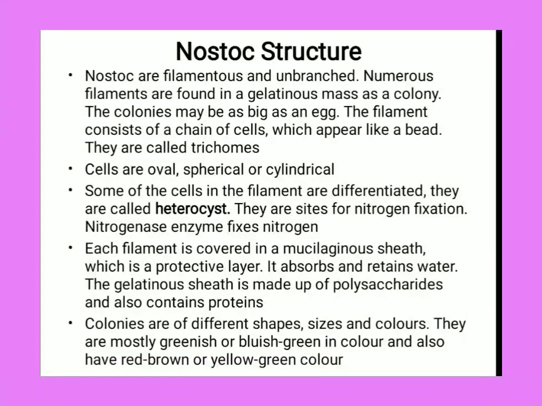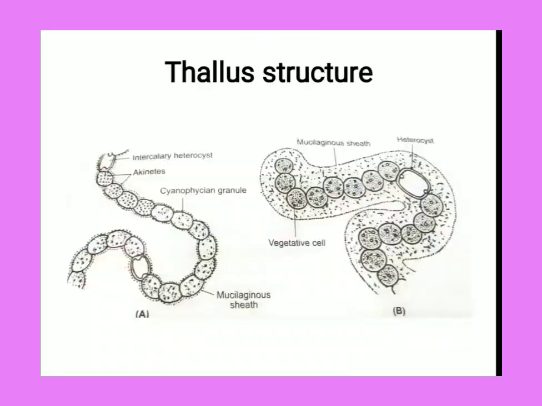Okay, and now the Nostoc thallus structure. First see this figure. Nostoc is a filamentous algae, its color is bluish green. Some cells are known as trichomes, and trichomes are attached to each other and make filaments, but the filaments have no branches, so it is an unbranched filamentous algae.